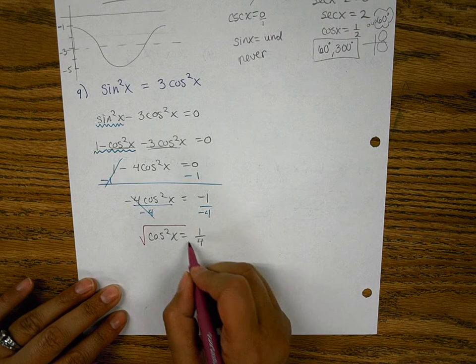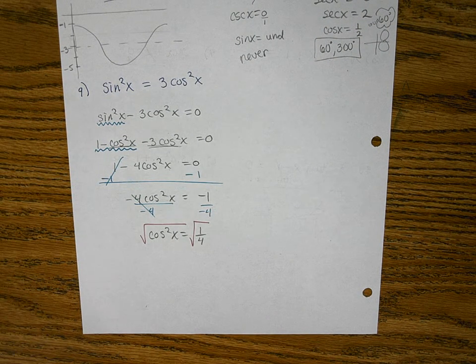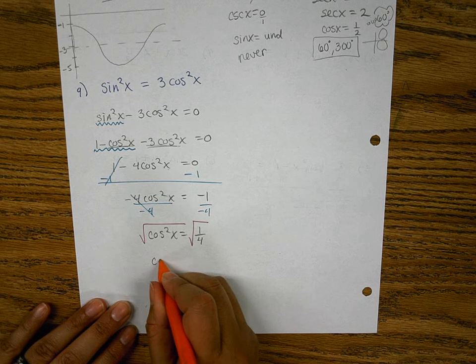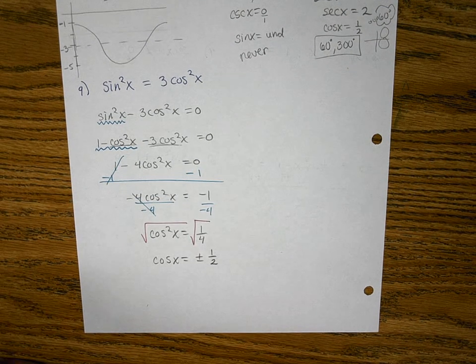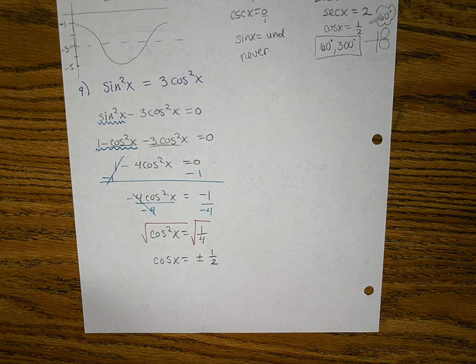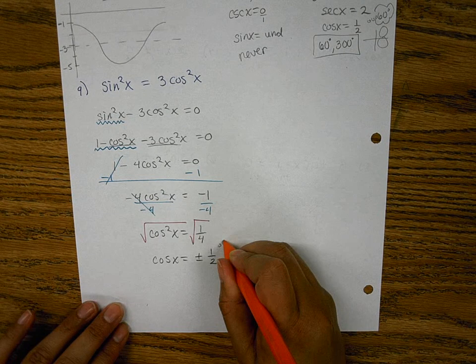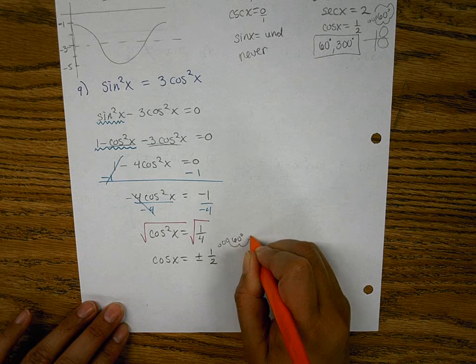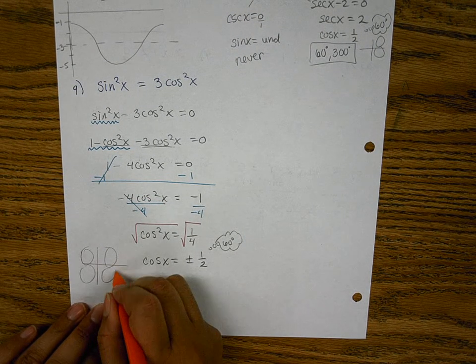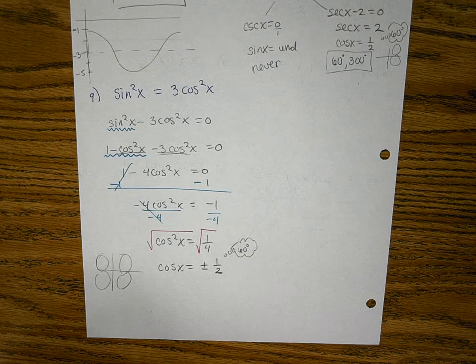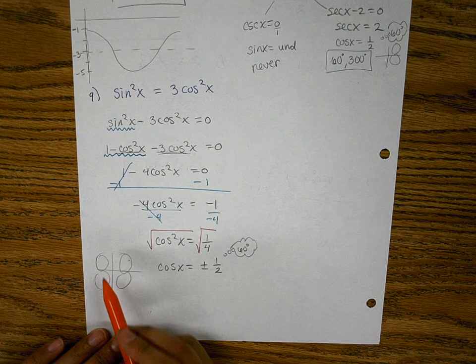All right, and then our next step is to square root both sides. Cosine x equals, don't forget your plus or minus 1/2. And that is something we can handle. Cosine of what angle is 1/2? 60 degrees. And plus or minus means that it is in all 4 quadrants.